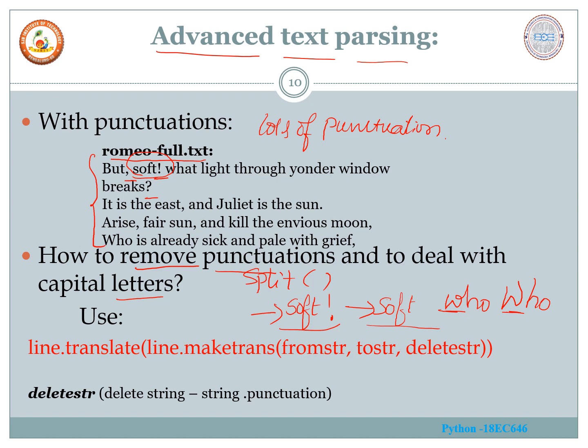Now we can also solve both these problems by using string methods like lower. We can make use of lower, we can make use of punctuation, and we can also use the translate method to translate the words.